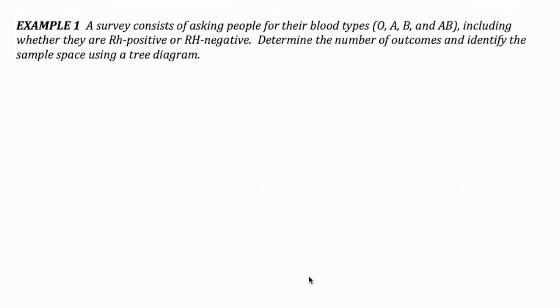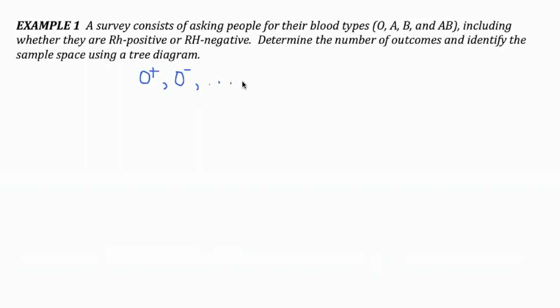Now, a tree diagram is a great organizational tool because one way to go about doing this is to just list all the possibilities. So you could try and make a list of, okay, I could be blood type O, which is Rh positive, so O positive. I could be blood type O, but negative, and so forth.